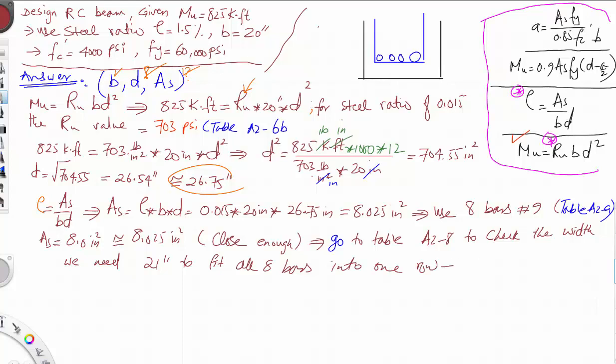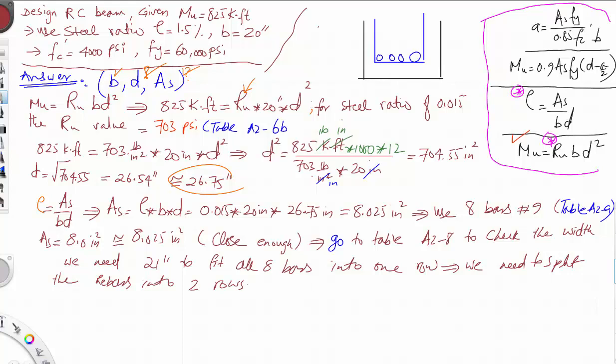But I can split. This means that we need to split the reinforcement, the rebars, into 2 rows.